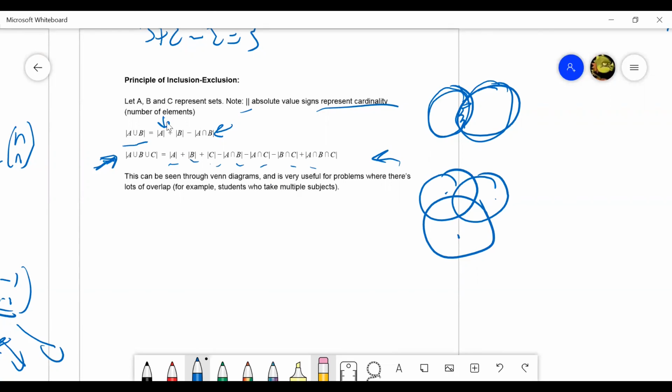So that would be, I'll just say, A. B would be the one with just the red and white. And the intersection of A and B is when there's only candy in the white bag.